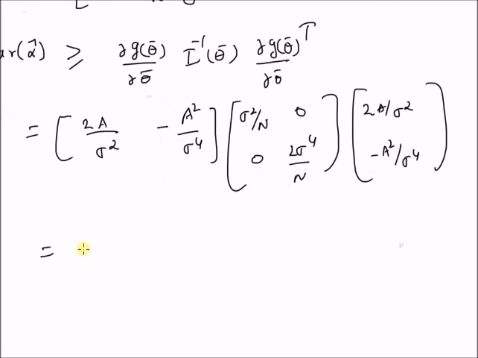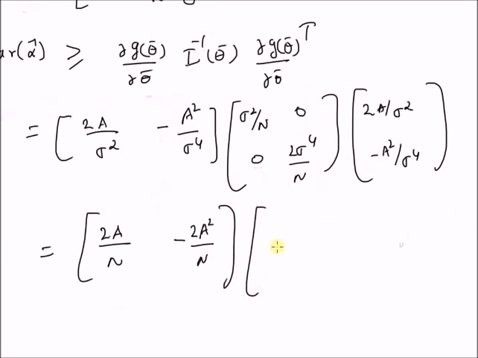And this becomes the product of the first row and the matrix, which gives 2a by n, since sigma square and sigma square cancel each other. For the next term, the product of 2a by sigma square with 0 is 0, and the product of a square by sigma power 4 into 2 sigma power 4 by n becomes minus 2 times a square by n.